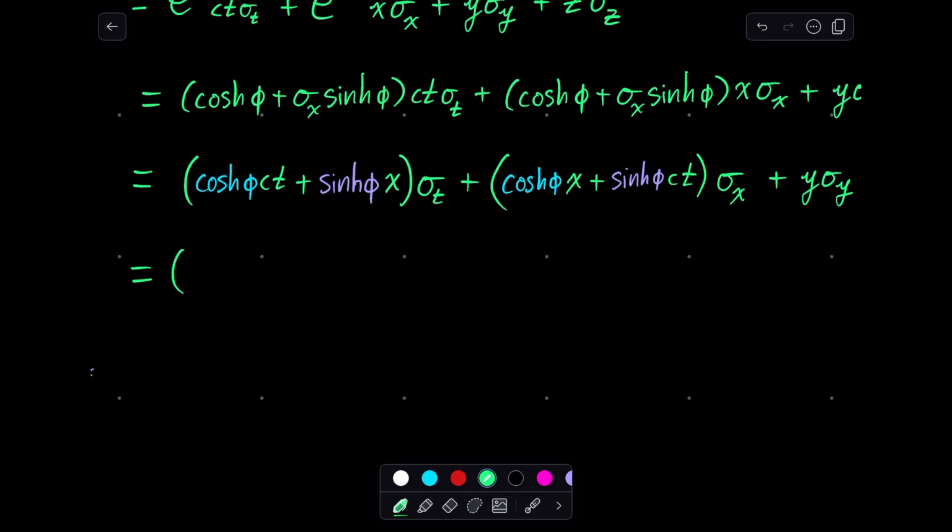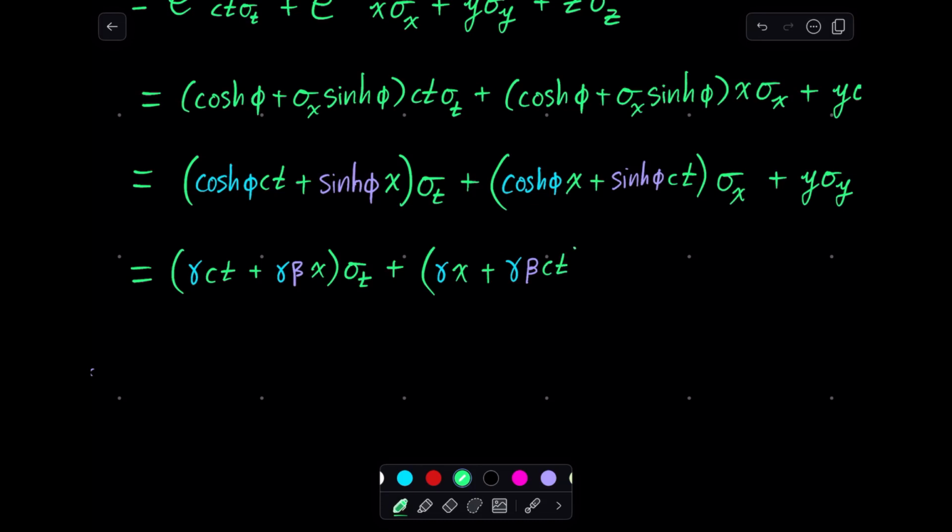So you can have gamma CT plus, and then I'm going to put another gamma beta, then x sigma t plus gamma x plus gamma beta CT sigma x plus all the other terms.